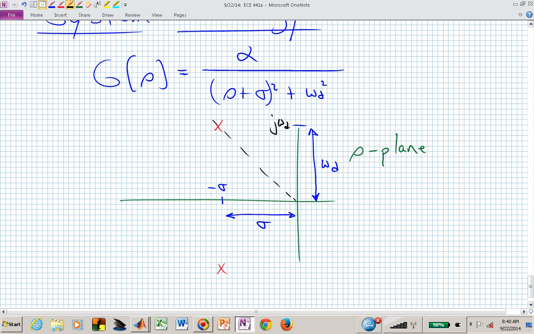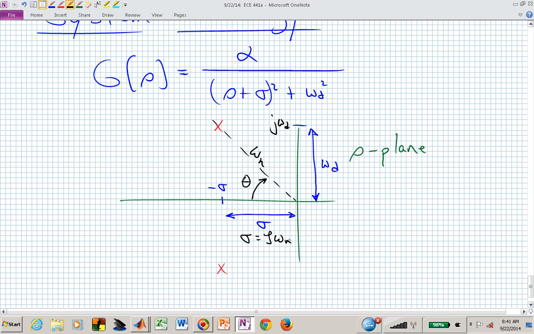That's the hypotenuse of a right triangle. So we know sigma, we know omega sub d, we can get that distance, or the hypotenuse, and this length is omega sub n. That's the natural frequency. Omega sub d is our damped frequency. And we will also look at this angle theta.